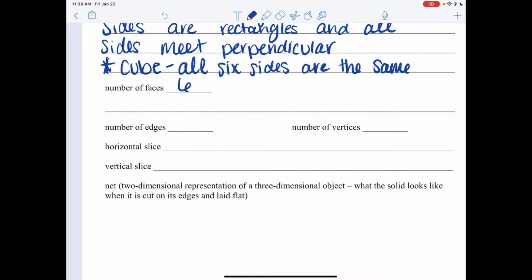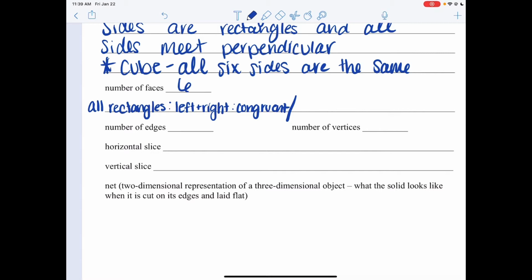Now, also, we have to keep in mind that we want to make sure we're describing these faces, or at least I am. So one thing to keep in mind is that all faces are rectangles. And within the faces, we have a left and right, and those are congruent sides.